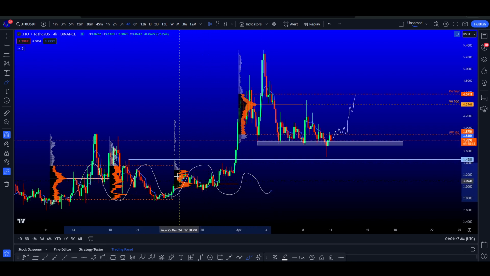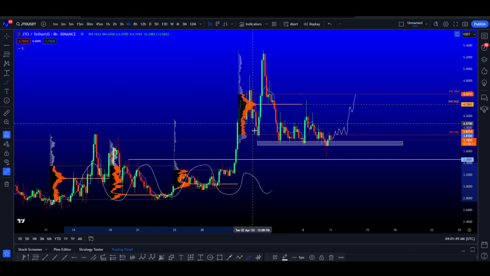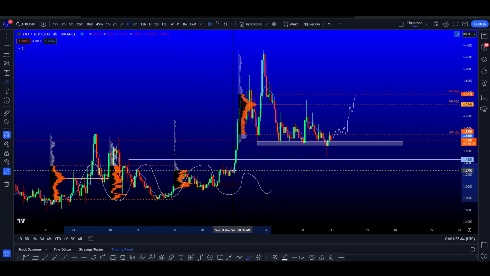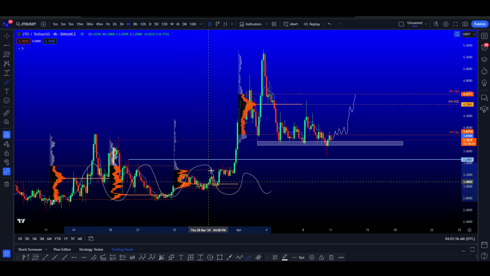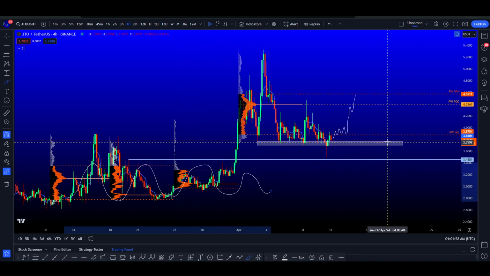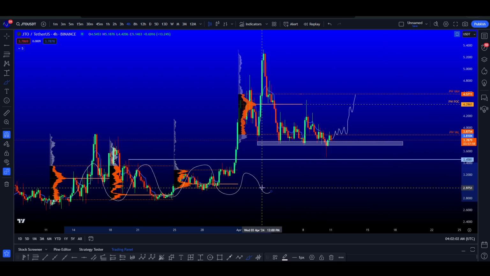As you can see, pulled other fixed range volume profiles of the previous weeks before. And this is where price was deciding where the fair value was. And if we do lose this range at around $1.75 to $1.40, then I would expect to see the lows of around $3 on JTO, right?